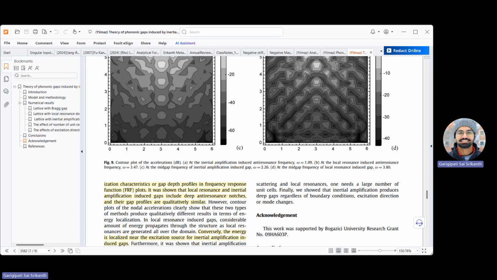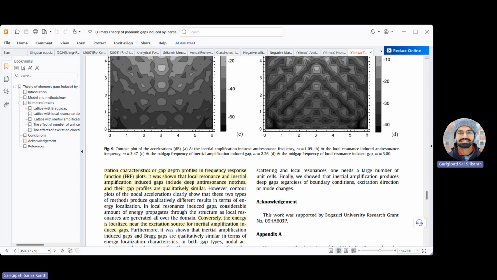In some ways it is similar to one, in some ways similar to the other. We talk about the attenuation peaks in the band gap and anti-resonance notches in the FRFs. They are present in the inertial amplification band gap and the local resonance based ones, but they are absent in Bragg.